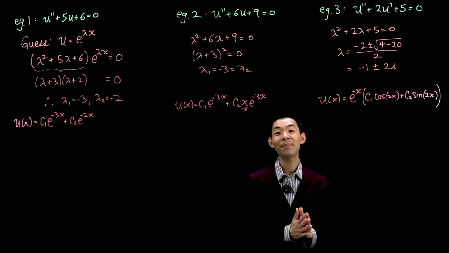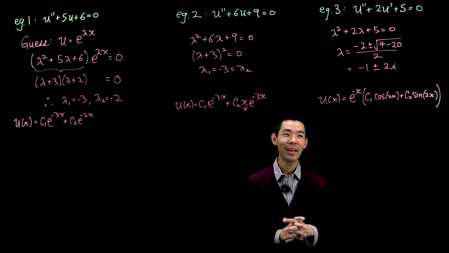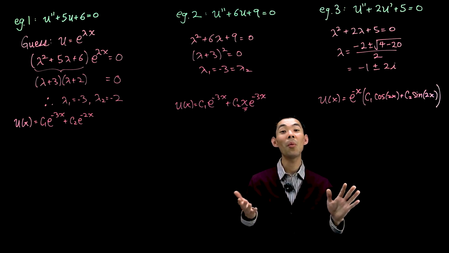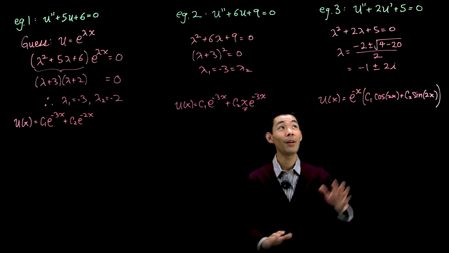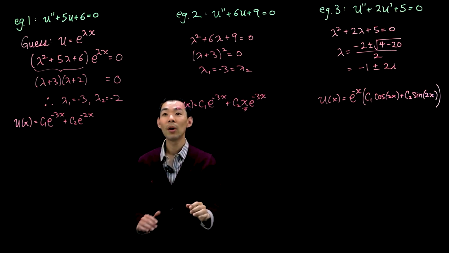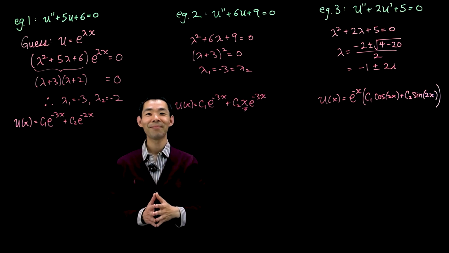Now let's consider when you have a g of x. How do you find what's called the particular solution in addition to the homogeneous solution that you have here when, in this case, the right-hand side were all equal to 0? When they're not equal to 0, how do you find that extra solution? We're going to cover that next.